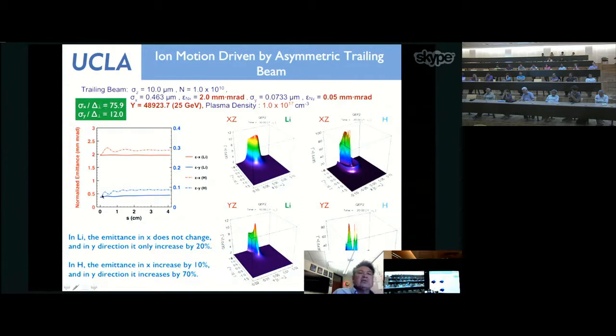You can see that the emittance growth, even in these two planes, is actually not that bad. And once the beam finds its nonlinear matched spot size, the emittance growth does not grow anymore. So we believe now that the emittance growth due to ion motion is not the issue that people had thought it was, which means that our beam loading scenario is something to be seriously studied.